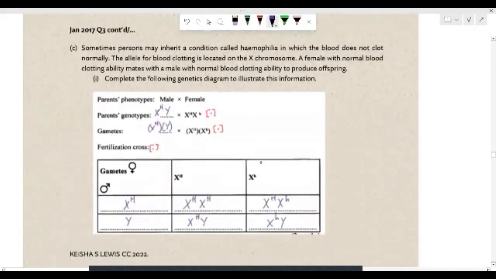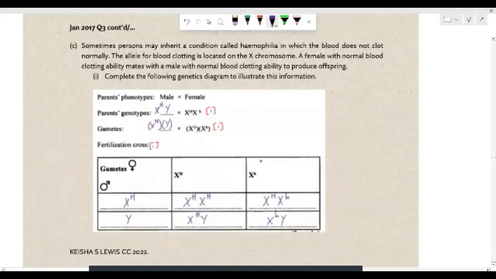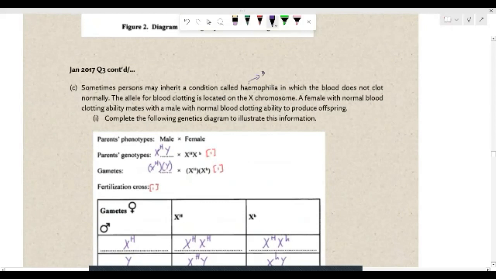Then we have a wonderful little genetics question, right? So we're asked to talk about our favorite condition, hemophilia, which of course is a sex-linked disease. It's inherited and it's connected to gender. We know a sex-linked disease is not the same as an STI, a sexually transmitted disease.